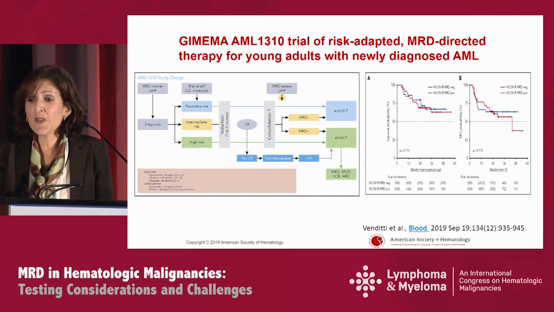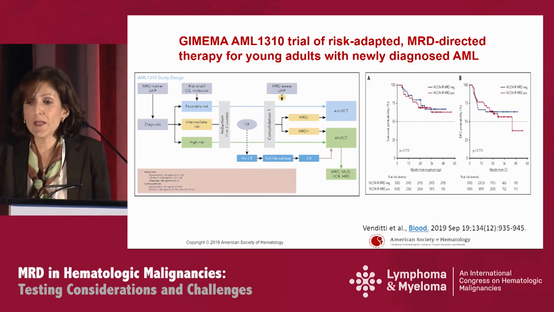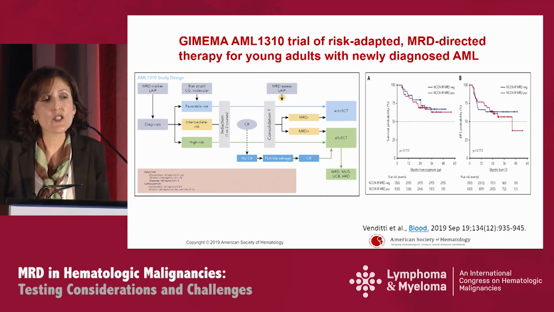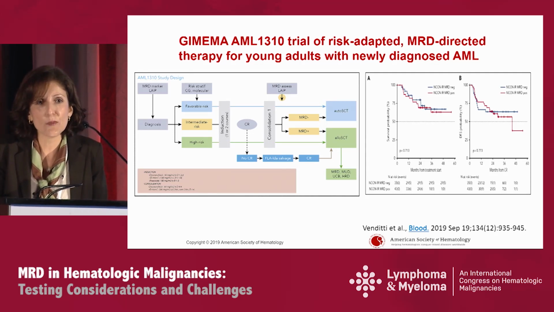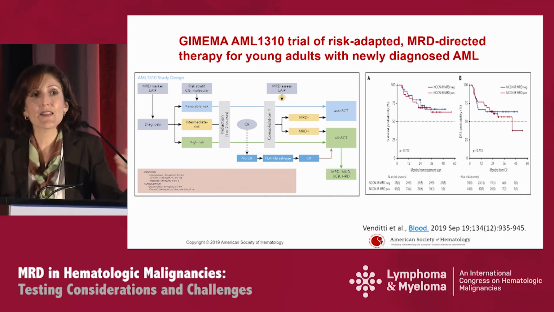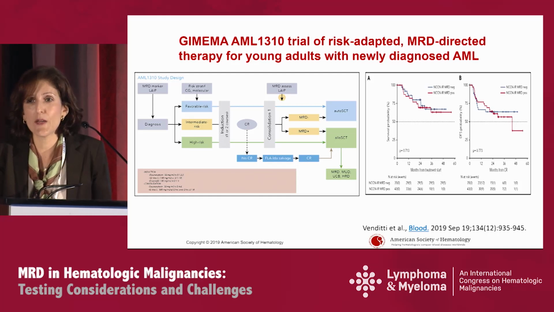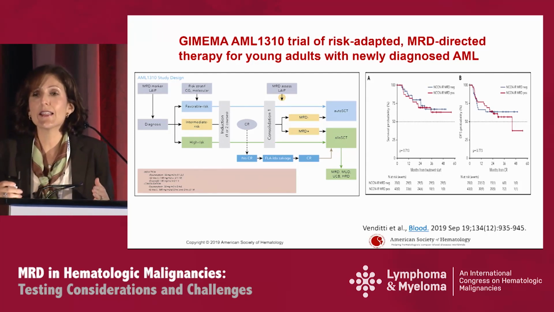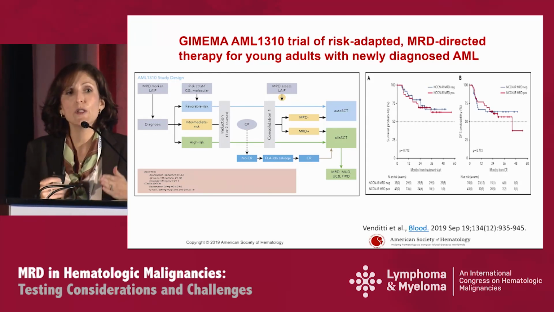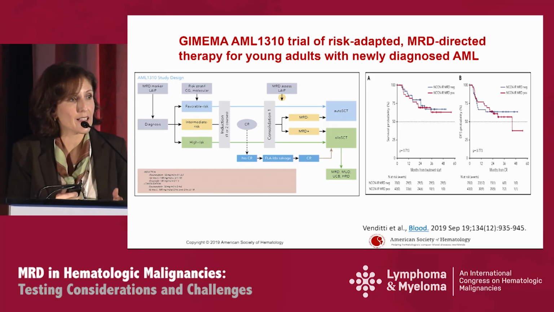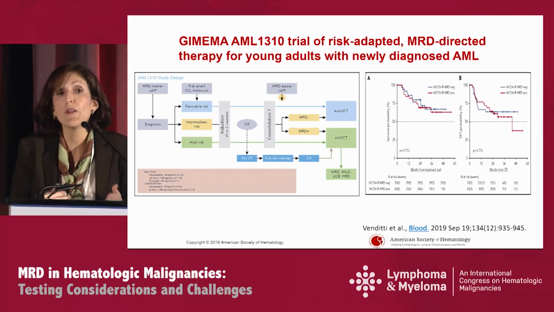But nonetheless, they were able to show that for intermediate risk patients who are MRD negative, those patients going on to an autologous transplant looked pretty much the same as if you took an MRD positive patient into an allo. So the idea is, might we be able to use MRD to spare certain selected patients the toxicity of an allo and do either chemotherapy or an auto instead?